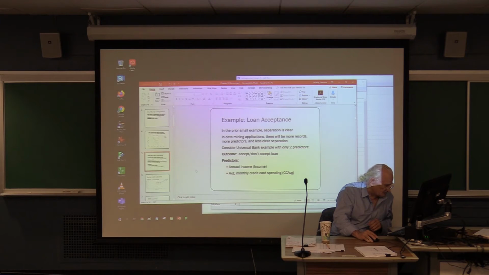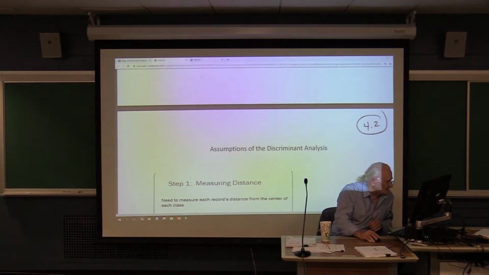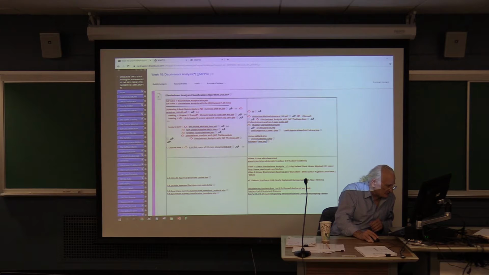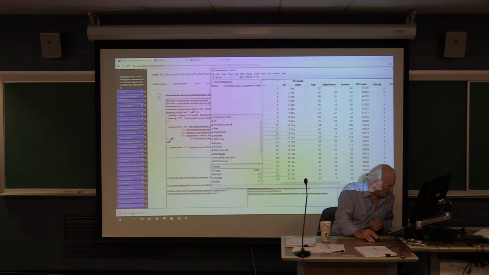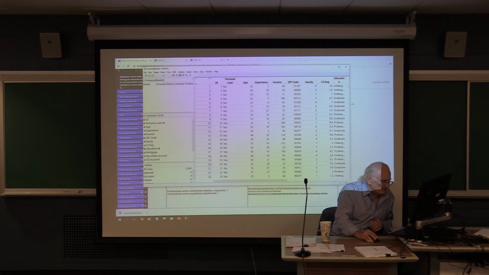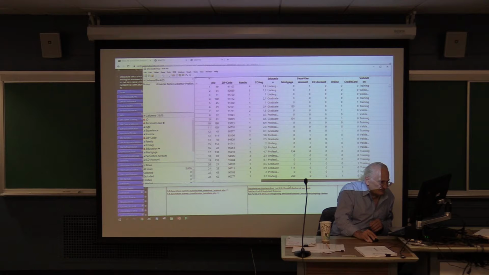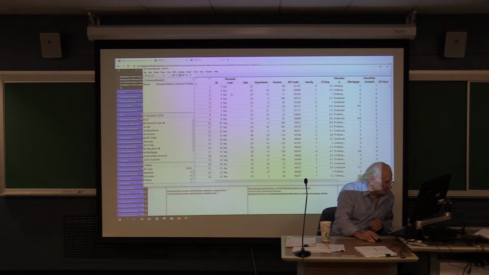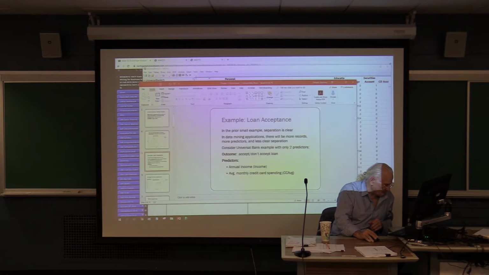All right, I want you to know the data files, and I should have that here. Universal Bank. People are applying for a loan. Here you have more columns. And the outcome is whether you're going to get a loan or not based on these criteria.